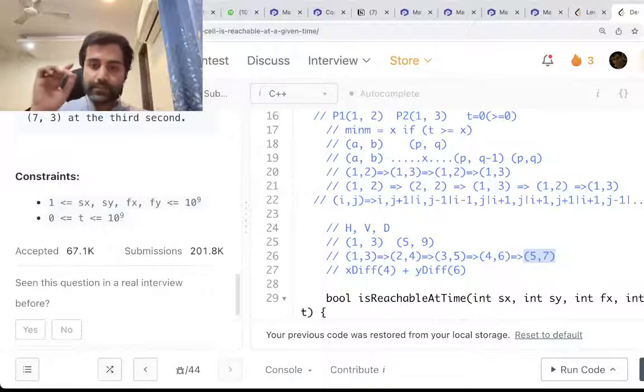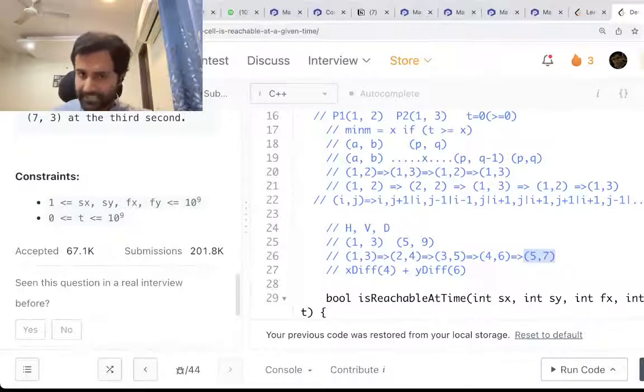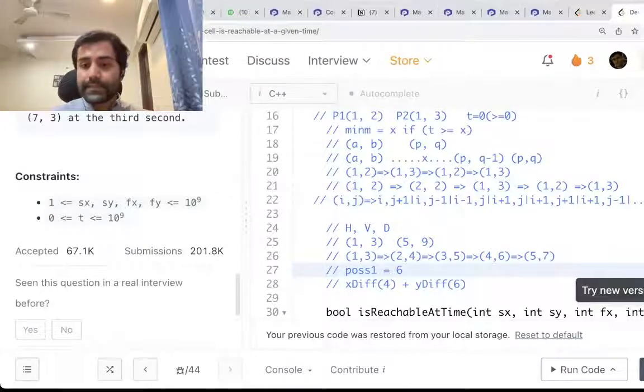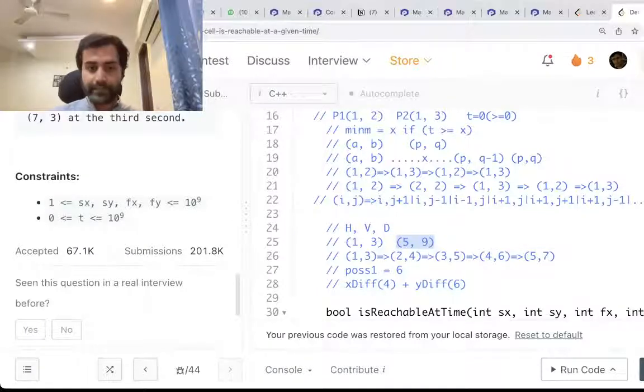So now I can just make 2 more moves, which is just the difference of 9 and 7. So 9 minus 7 is going to be 2. 2 plus the number of moves that you made here, which is 1, 2, 3, 4. So 4 plus 2 is 6. So one possibility for your answer is 6. And this happens when you try to get into the same vertical line as your final point.